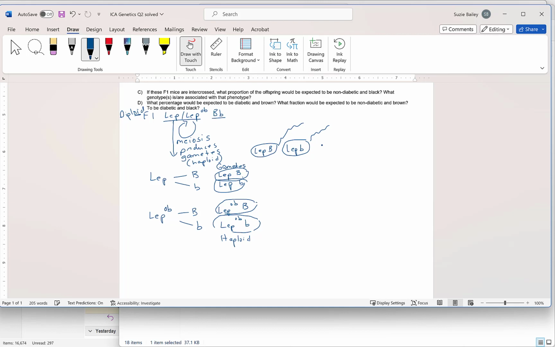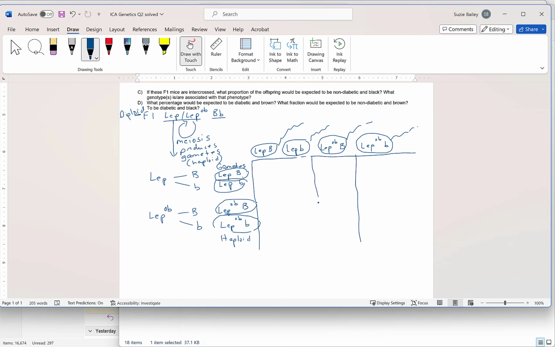Maybe these are spermatozoa over here, and then the ova would be down the other side. These are gametes combining in all possible combinations to give us the next generation of animals.